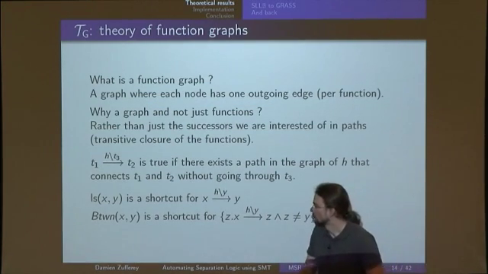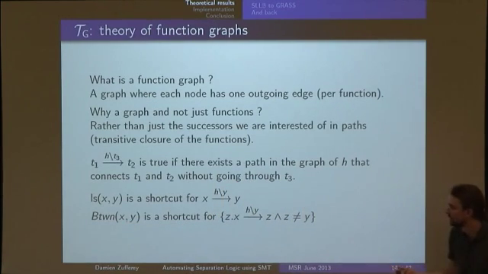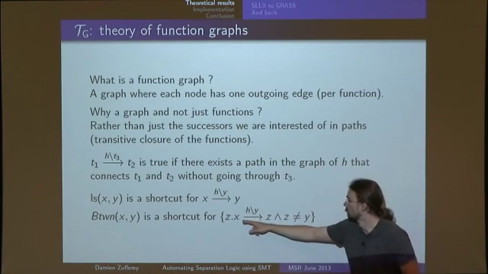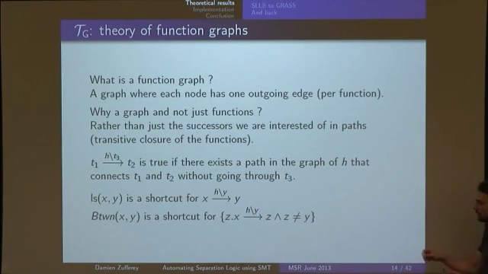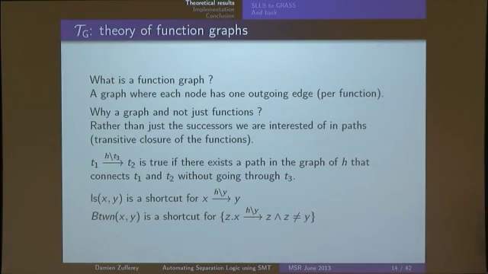And also we use another shortcut, which is between x and y. It defines the set of all the z that can be reached from x following h without seeing y, so all the nodes in between, and especially excluding the last one.